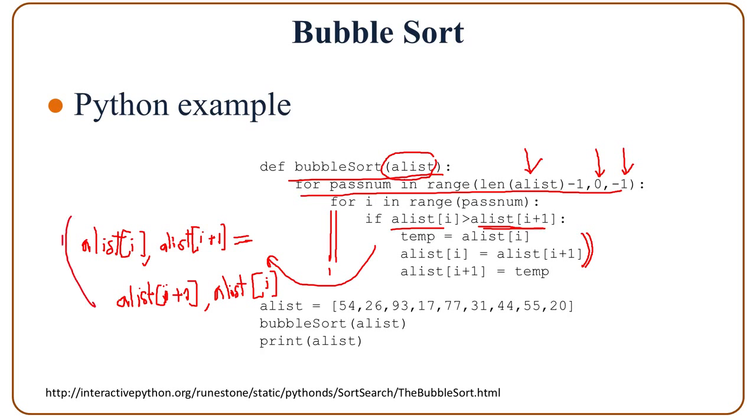This is more compact. Then later we have some test code. Given a list, which is an array, we call the function, passing the array to the function, and then print the result.